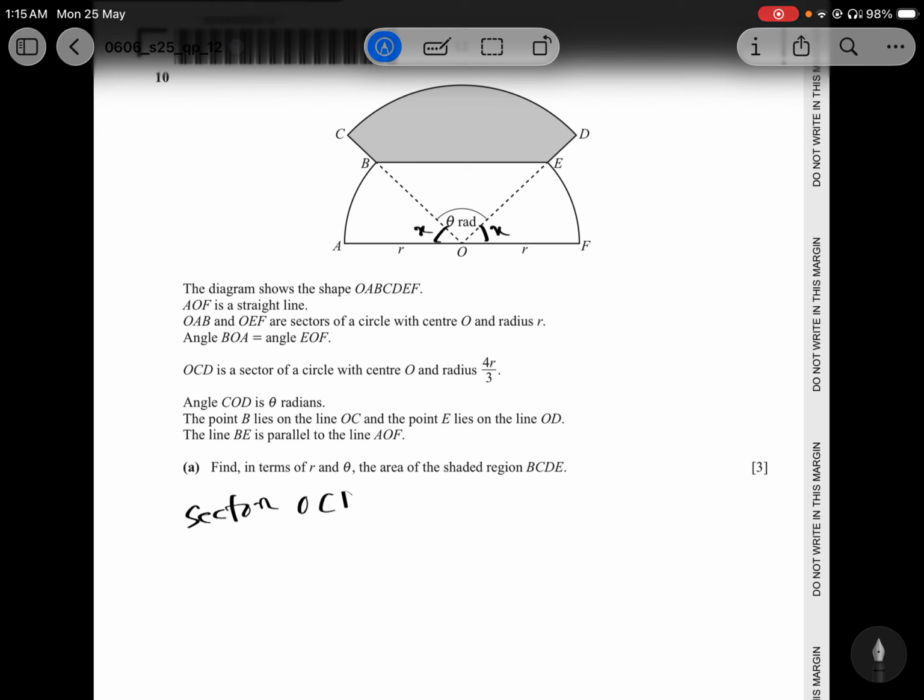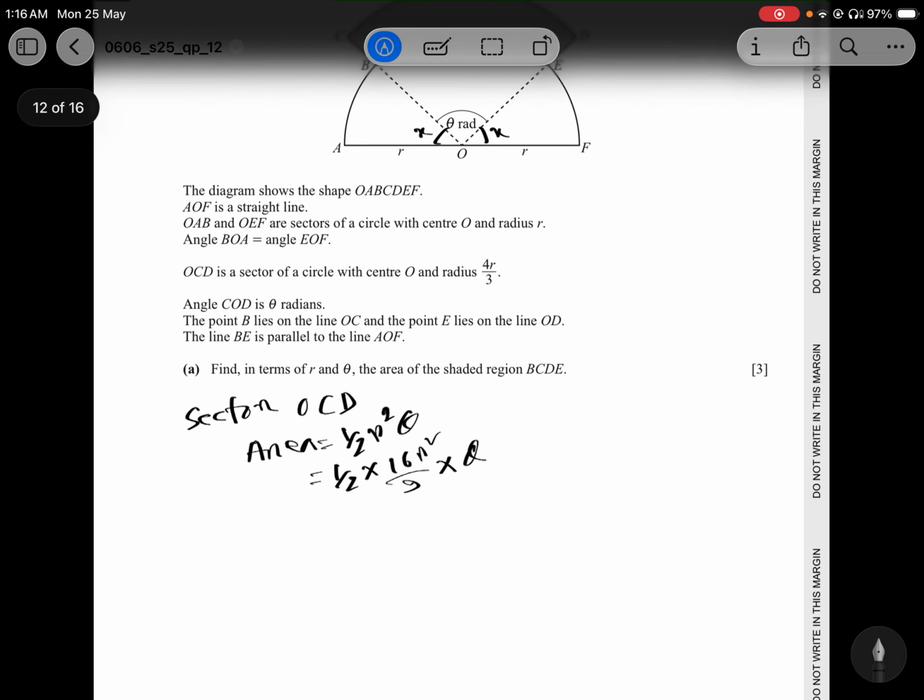Sector OCD area is half of r squared theta. Here r is 4r/3, so 16r squared over 9, and theta is theta radians. So that gives 8/9 r squared theta.